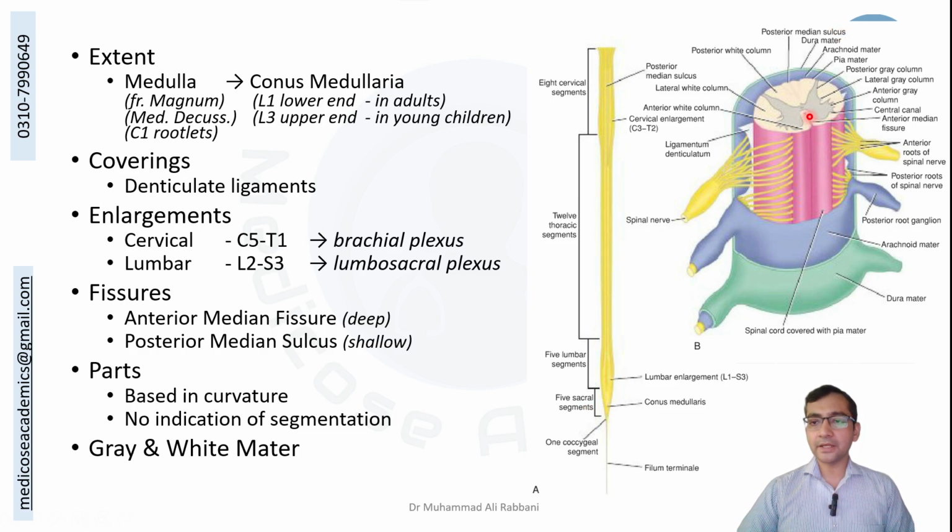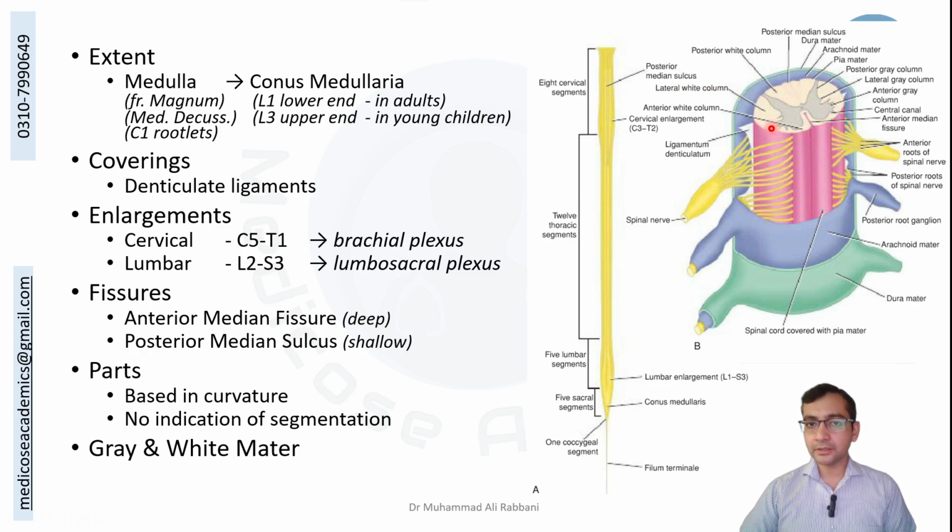The spinal cord, as you can see in this cross section, consists of both gray matter and white matter. You must have gone through the video on general anatomy of the nervous system. There you saw that the gray matter, shown by this butterfly-like area in the middle, constitutes the cell bodies and their supporting cells.